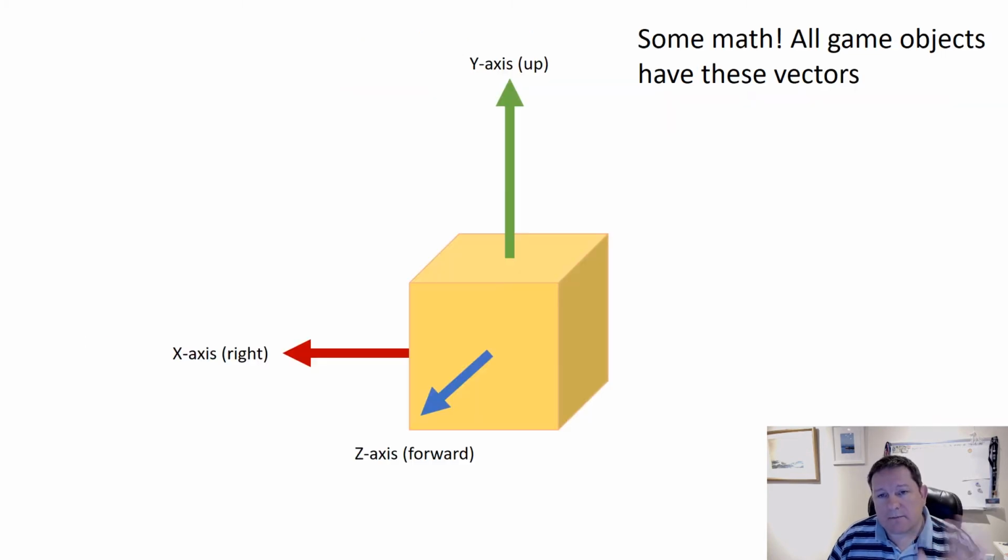So, some math. All game objects have these vectors. We have a y-axis, which represents up. If you take your left hand and extend your middle finger away from you, extend your thumb to the right, and extend your index finger up, this is called the left-handed coordinate system. There's a right-handed coordinate system that looks very similar.